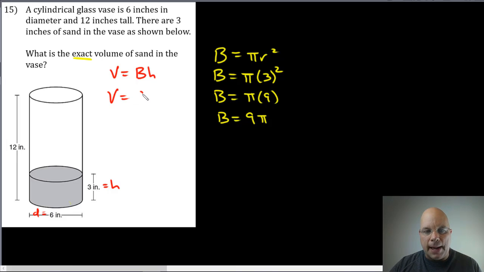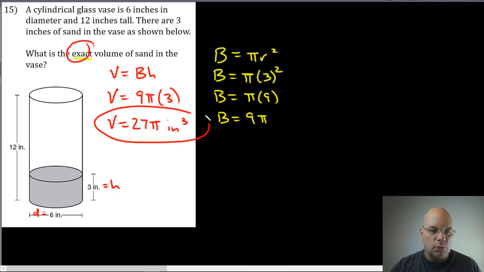Volume is equal to 9 pi multiplied by the height of the sand in the cylinder, which is 3 inches. And you can't do anything with pi except leave it pi, so you associate the 9 and the 3. 9 times 3 is 27. So 27 pi is the exact volume. And then you just need the units, which are inches cubed for volume. 27 pi inches cubed.